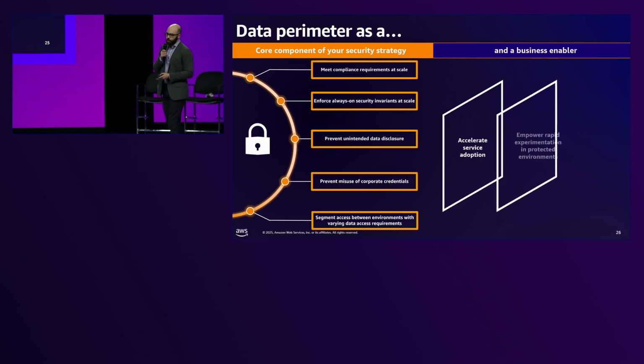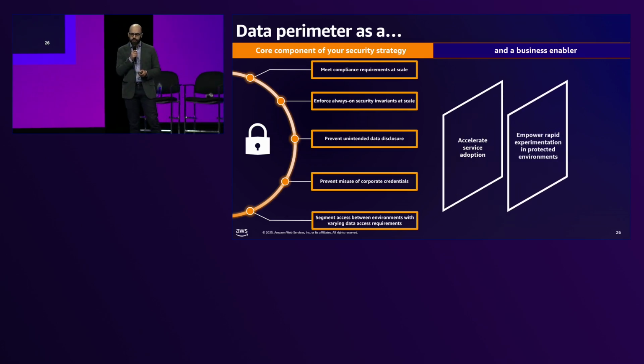The other key benefit that is shared is that data perimeter controls help provide a protected environment to your developers, where they can actually iterate, potentially fail if required, but still they would have these always-on security invariants in place that would make sure that your boundaries are enforced.